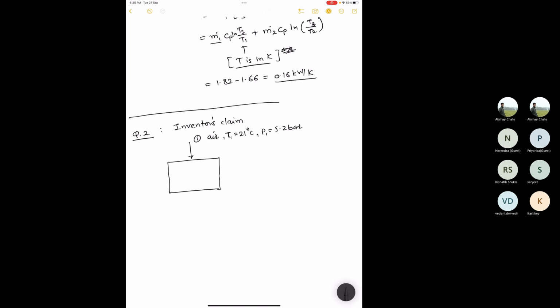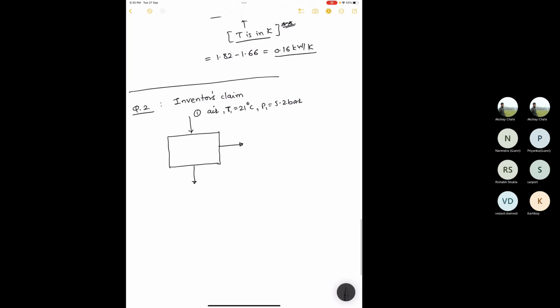That is unknown. They'll say this device gives output in terms of two air streams, 2 and 3. For stream 2, the temperature T2 is 81 degrees Celsius, pressure is 1 bar, and mass flow rate is 40% of M1.